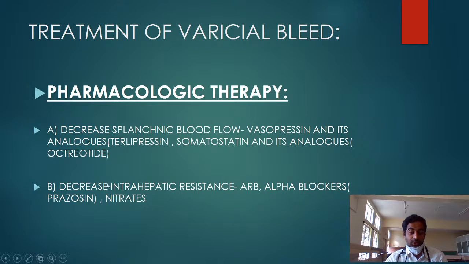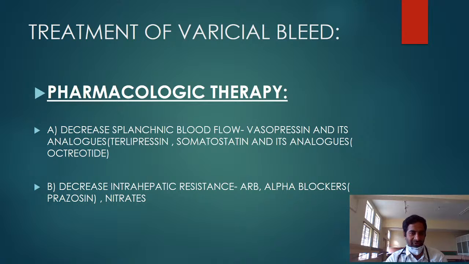So, coming to the treatment of variceal bleed due to cirrhosis of the liver. Pharmacological therapy: mainly you decrease splanchnic blood flow by giving vasopressin and its analogs. Because there is splanchnic vasodilatation, to decrease the splanchnic blood flow you have to give vasopressin and terlipressin.